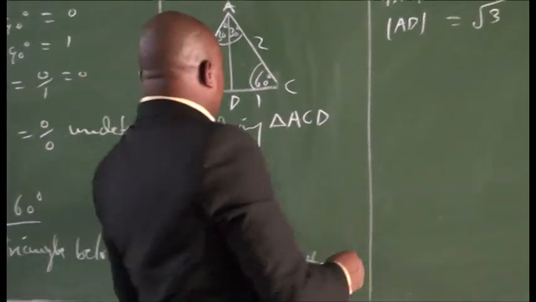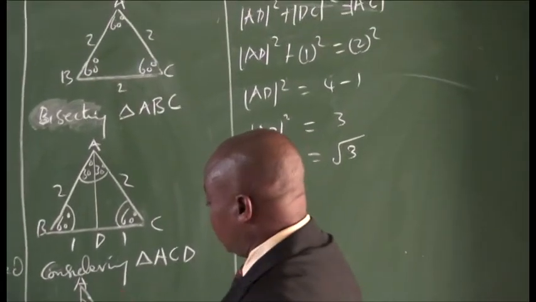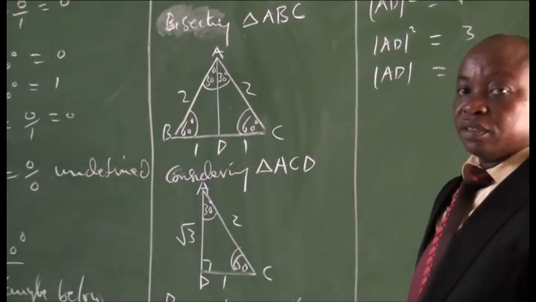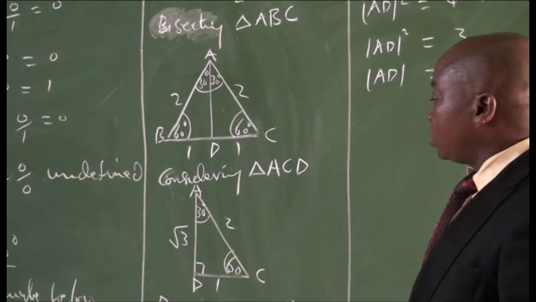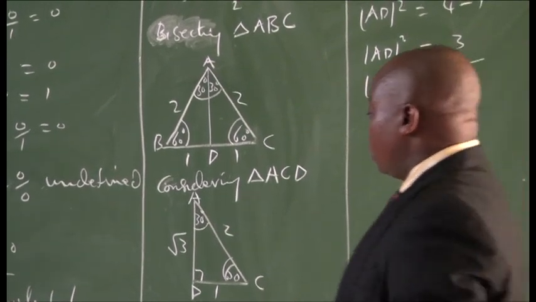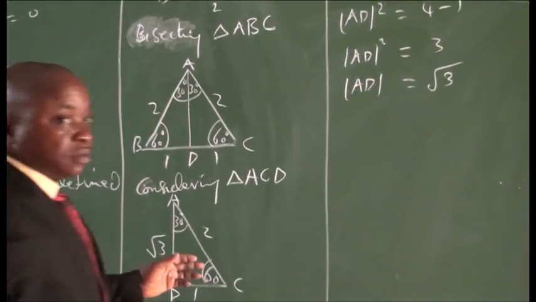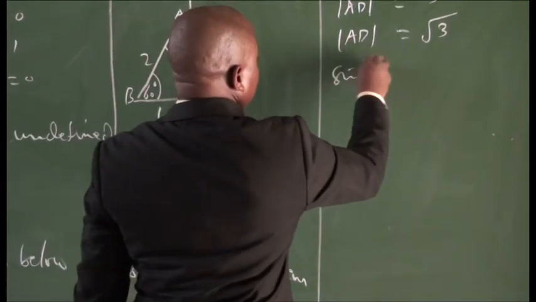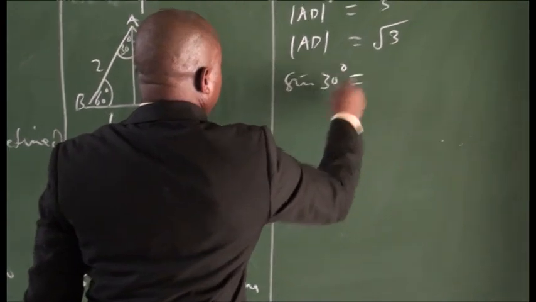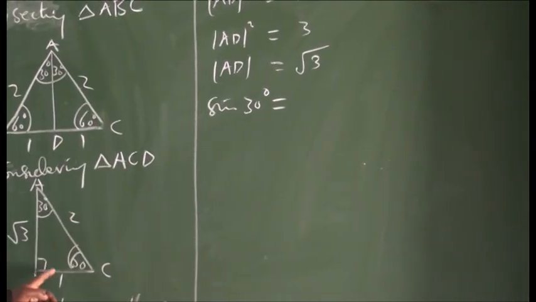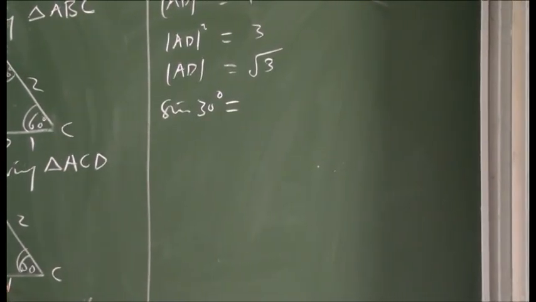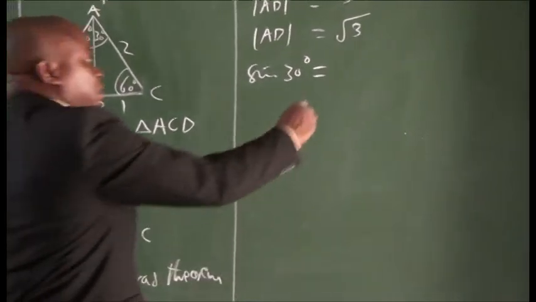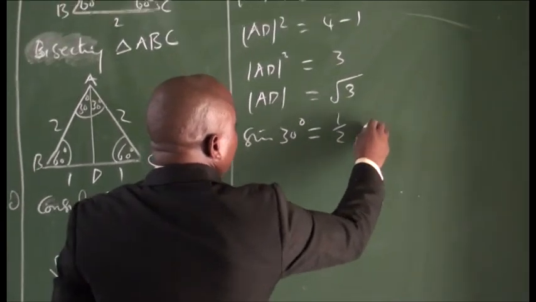Now, I want to consider 30 degrees in terms of sine, cosine, and tangents. There, we will see that sine 30 degrees is opposite over hypotenuse, that is 1 over 2.